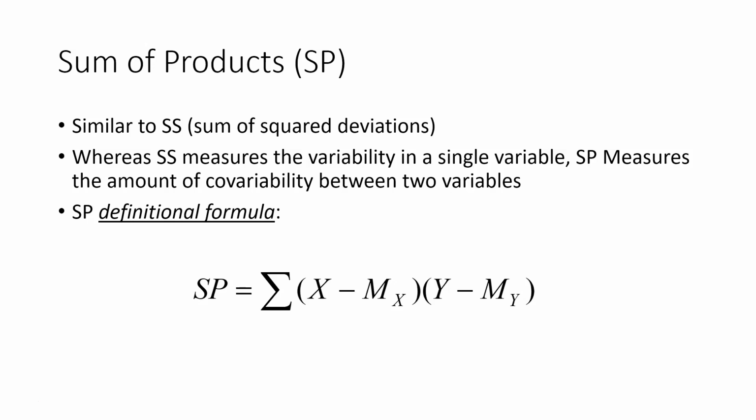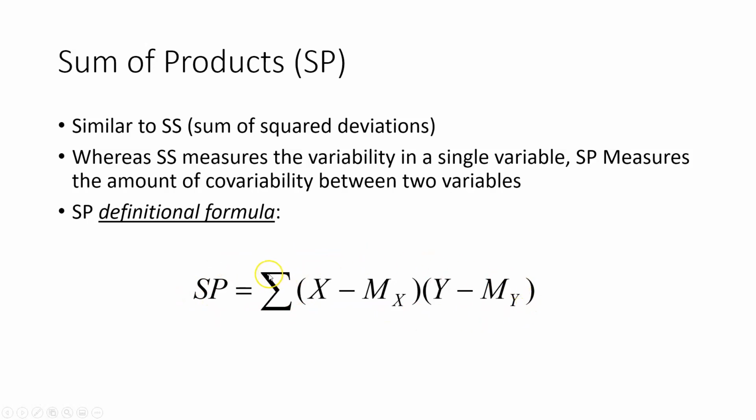Those squared deviations added up for all the scores in a sample equals the sum of squares. Whereas the sum of squares measures the variability in a single variable, the sum of products measures the amount of covariability between two variables.